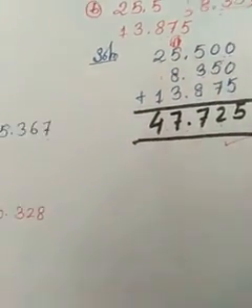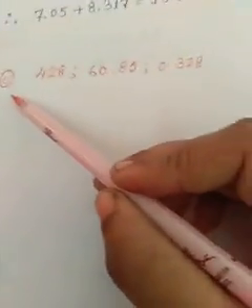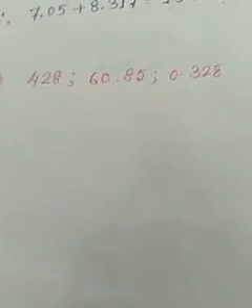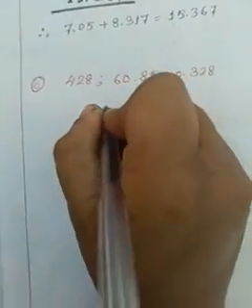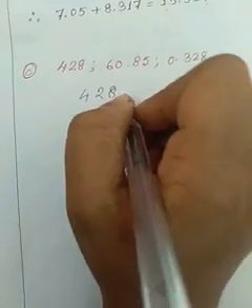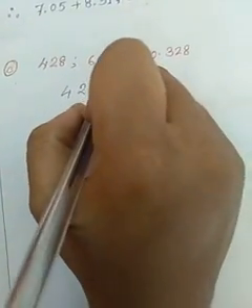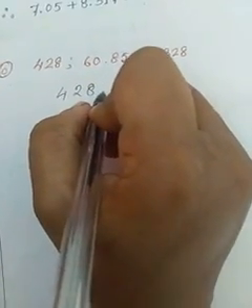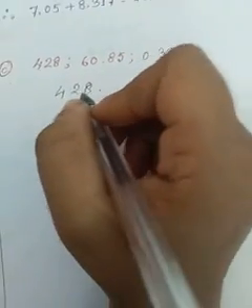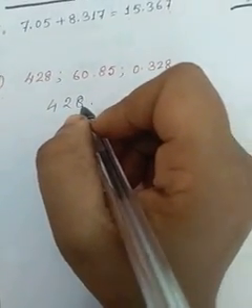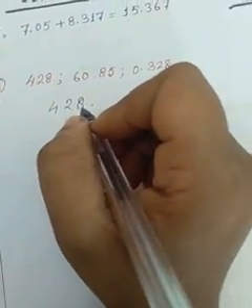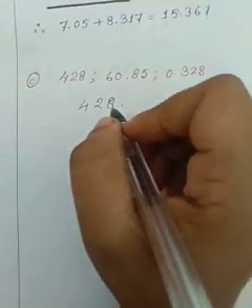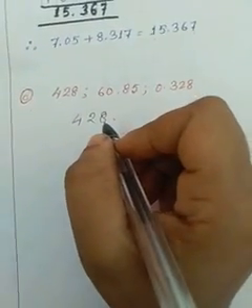Okay, now let's do one more, that is C number 1. Alright children, how can we add? See here, 4, 4 to 8. There is no decimal part, but we can make it into decimal parts. As we know, after the point, if we add 0 to the decimal part, it does not change the value.